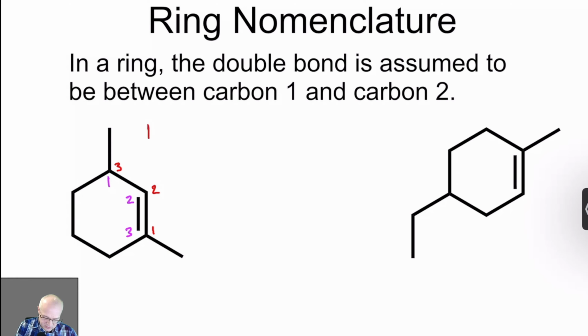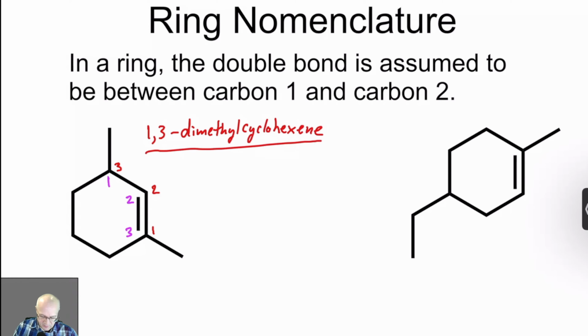So this one is 1,3-dimethylcyclohexene. That's how you number that one, because it gives the two methyl groups the lowest numbers. Okay? And also, you can't use the purple system because it doesn't give the double bond number 1 and 2.